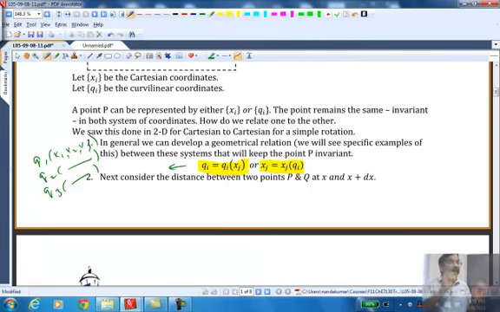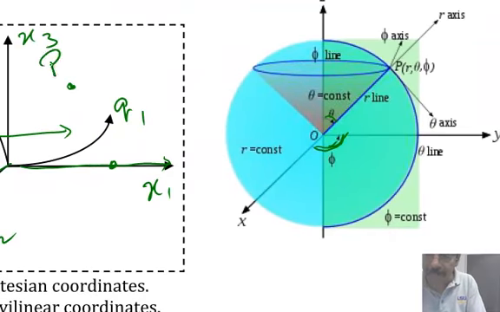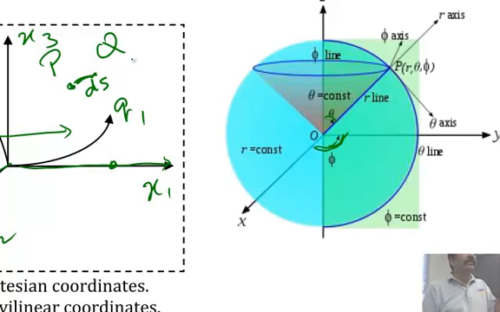Okay, in such a system, if I have two points that are close to each other, then I can define a distance between those two points. The first thing is that the point should be the same invariant point P, and then if I have another point Q, this distance I'm going to call ds, the small differential arc length between P and Q. That distance, whether I measure it in the x coordinate system or in the q coordinate system, should be the same, right?